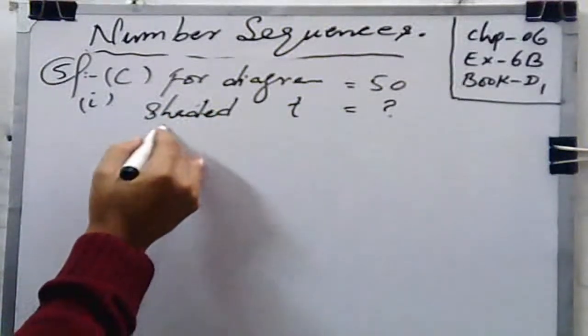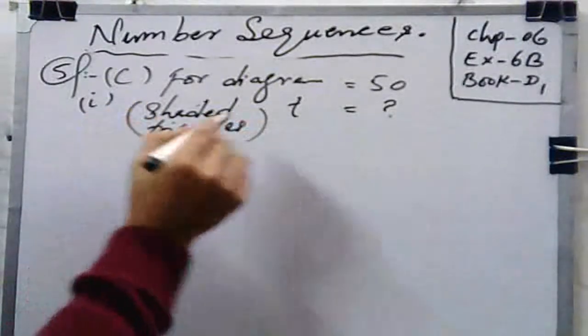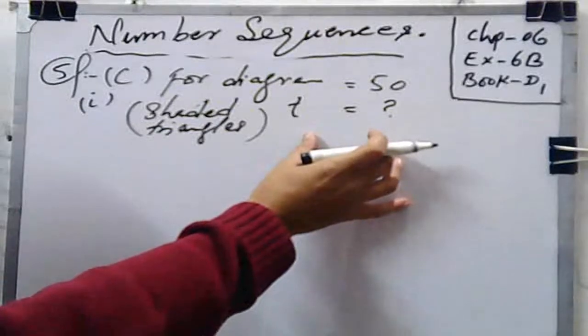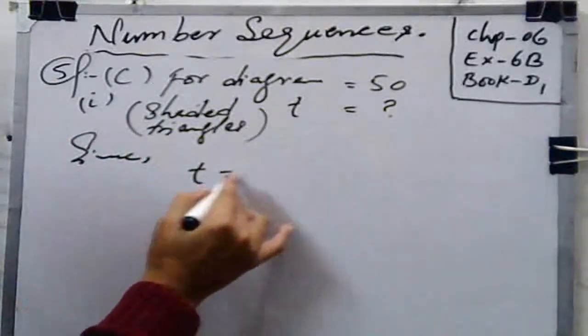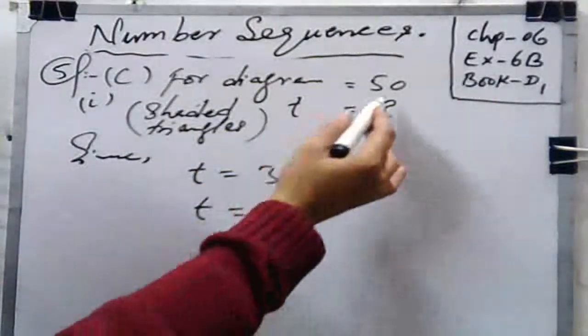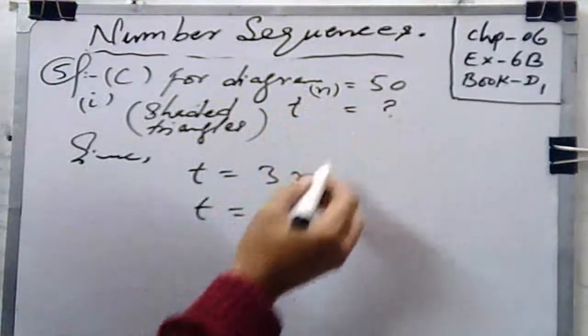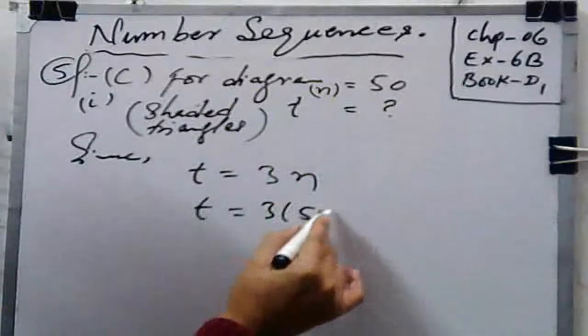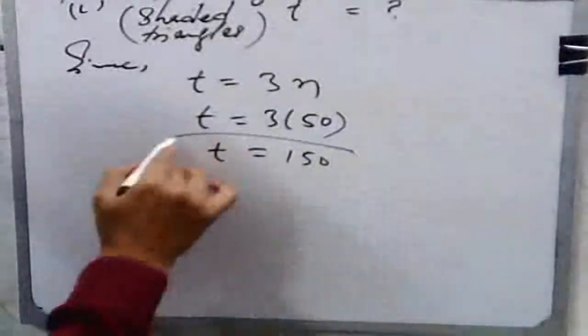We have to find T. Since we have a very simple formula that we just calculated, T is equal to 3n. The value of n, which we represented for the diagram, is 50. So we just put in 50 and multiply, so T is equal to 150. So 150 is your result.